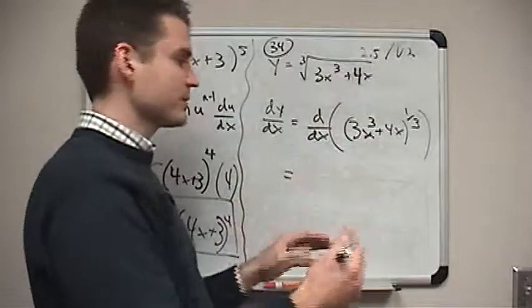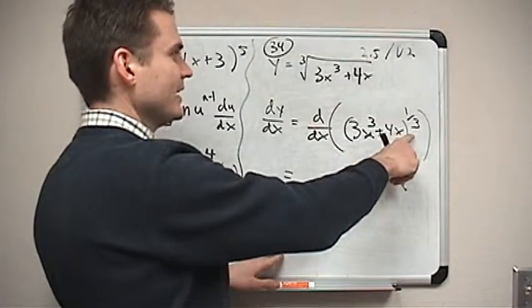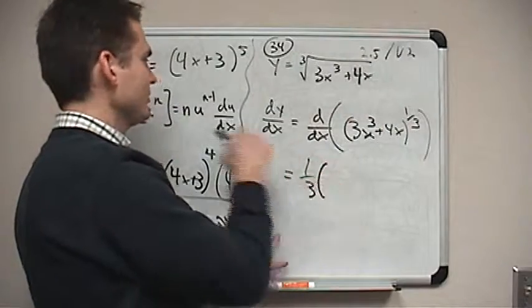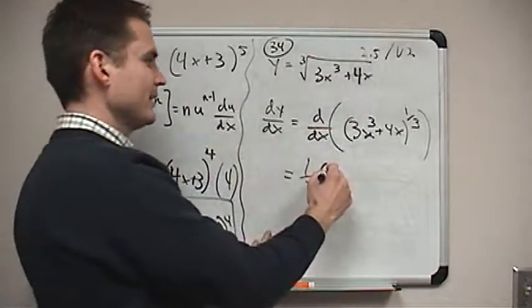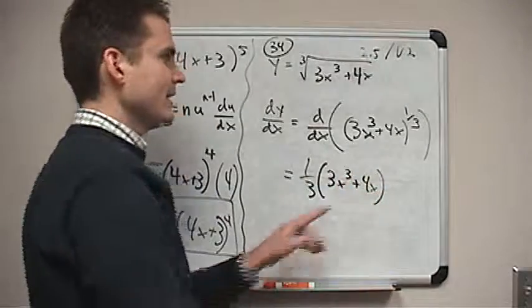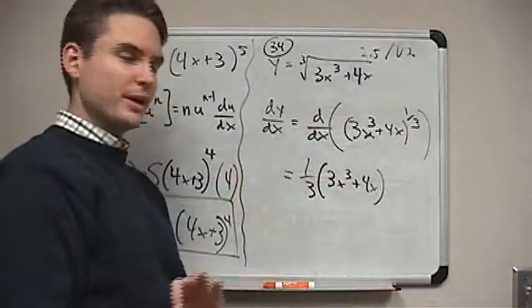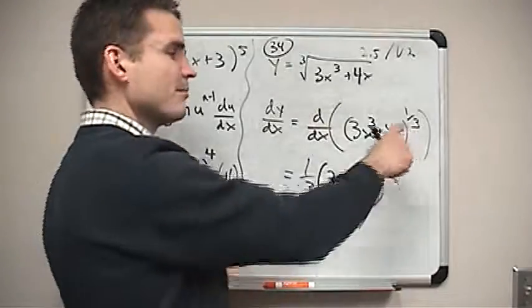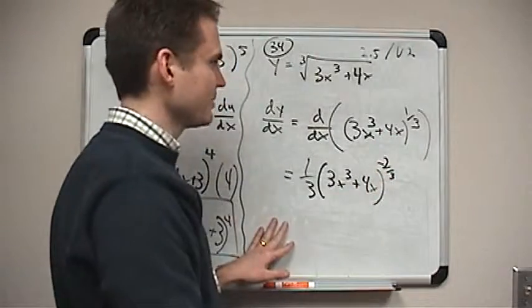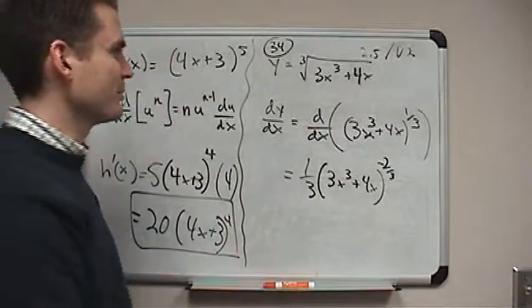The generalized power rule says, take the power down, so 1/3 times the original function that was inside, 3x cubed plus 4x. Make the new power smaller by 1. So 1/3 minus 1 is negative 2/3. I'm going to be careful there when you subtract to get a negative number.